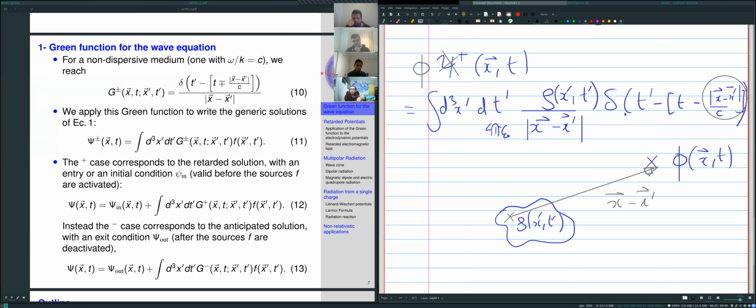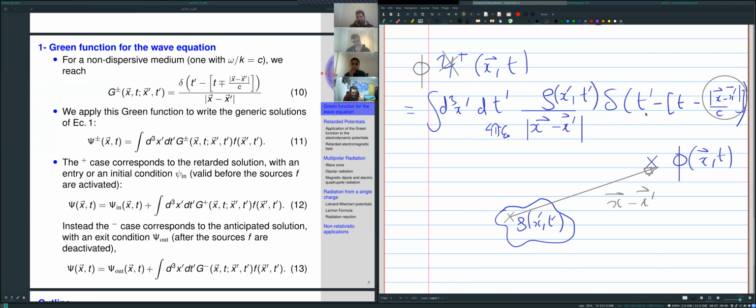What this delta function is telling us is that the plus solution needs to be retarded, in the sense that when I carry out this integral, the delta function helps a lot, because then I'm evaluating the sources at a different t prime.